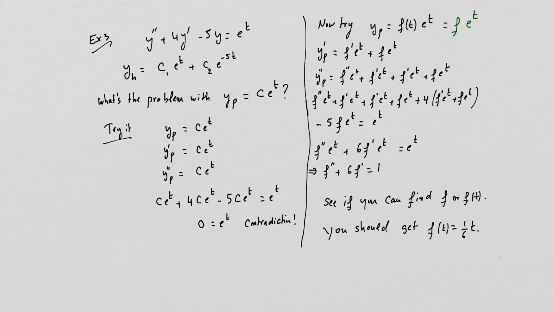And once you know, then the right guess would have to be 1/6t e to the t. This is f of t, and this is the e to the t that you definitely have to have. And now you remove all sorts of guesses. You know exactly what to do, okay?